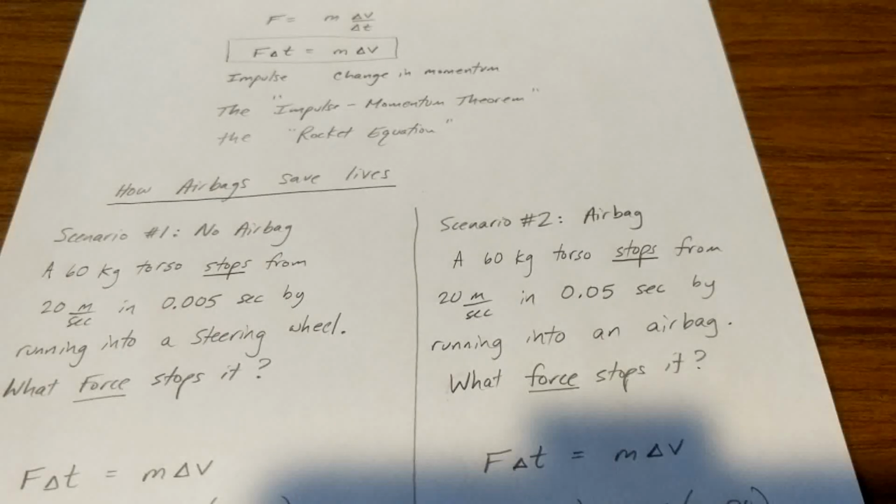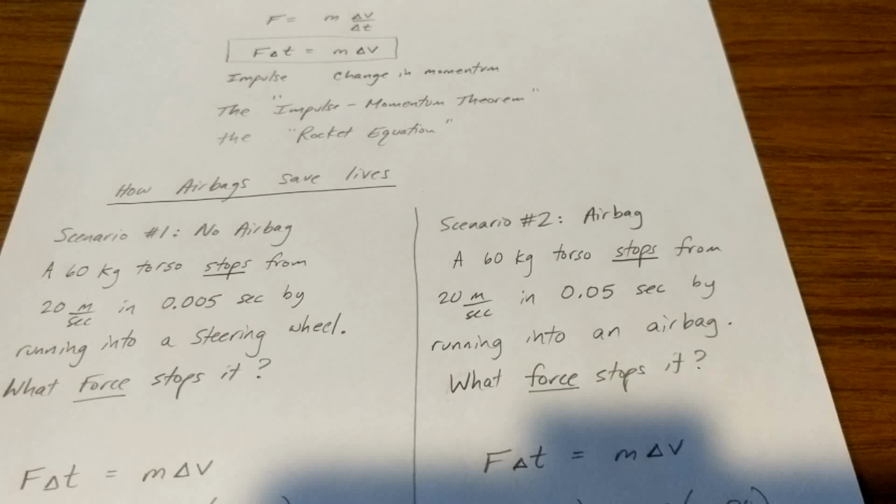In scenario 2, we're going to imagine that this car, the vehicle, is equipped with an airbag, and the airbag stops the person. Now, your common sense or your sense of the world might indicate to you that the reason that airbags are helpful in instances like this is because they increase the stopping time.